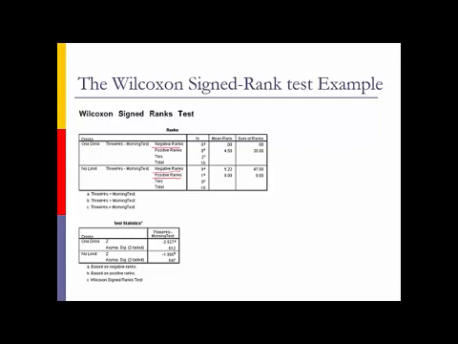Right, so we have the 3 hours minus the morning test. We have a significant difference. All right, so 3 hours minus morning. So when it's based upon negative ranks, that's what we're looking at.